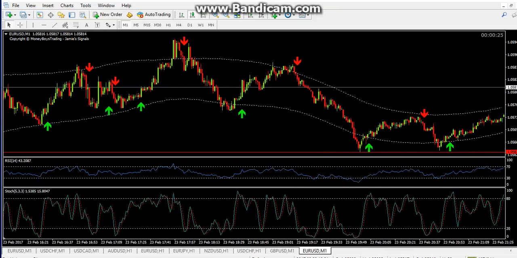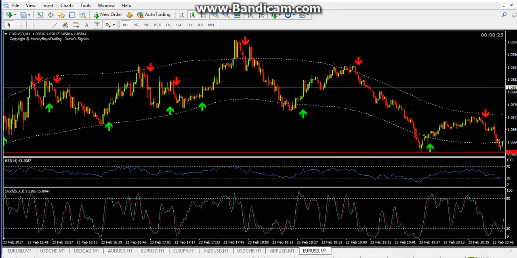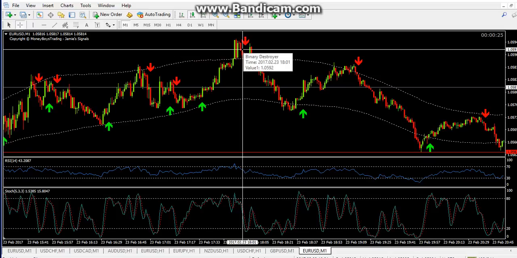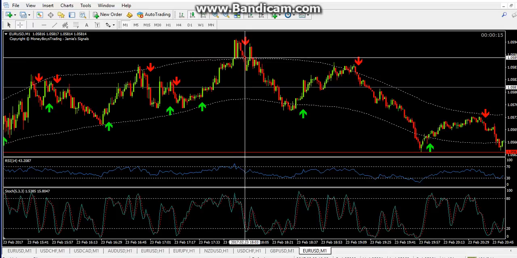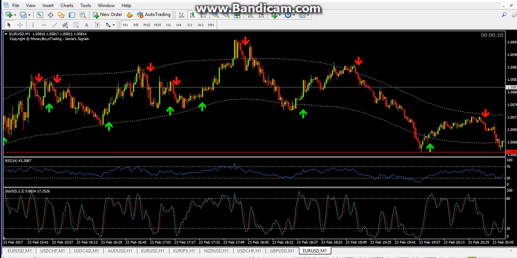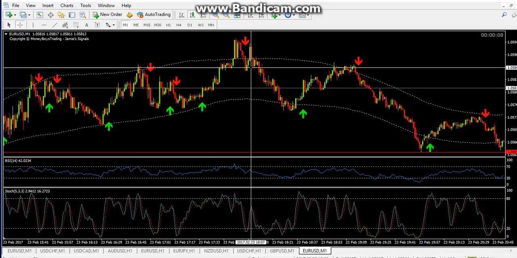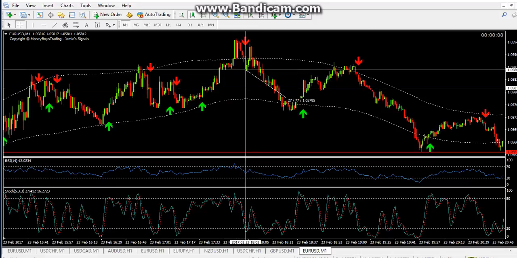And again here, you see how we are in a downtrend. You would have taken this trade. Let's say you take this trade because it is outside of the price line, so we took a 15-minute or half hour trade. It doesn't matter what sort of trader you are, it would have been a nice win.